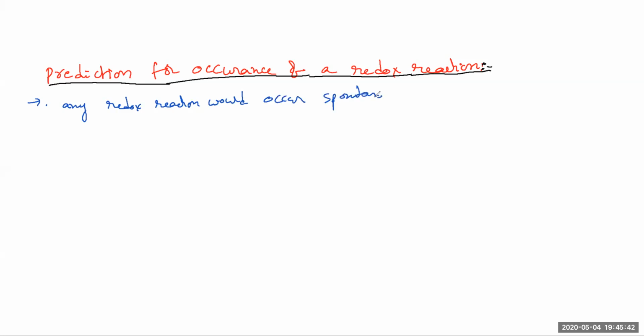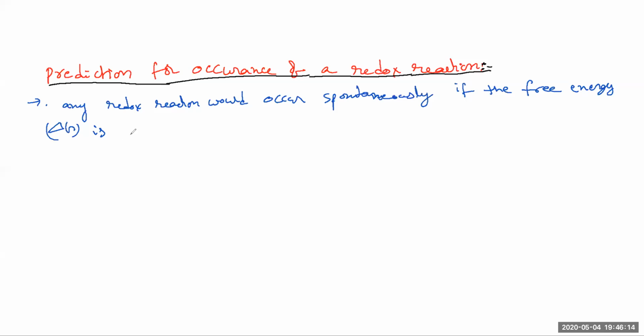Spontaneous means it is a natural reaction only. Here, free energy. What is the free energy? Delta G is negative. Already you know that studied in thermodynamics, right?